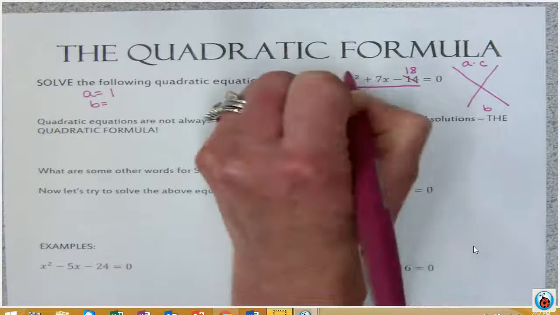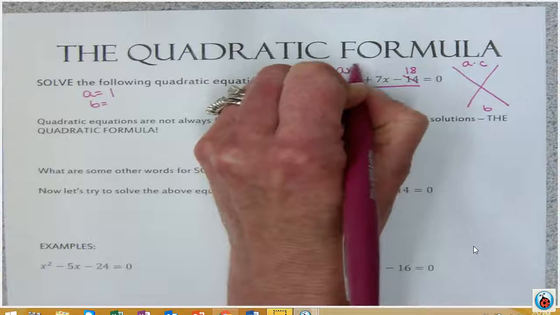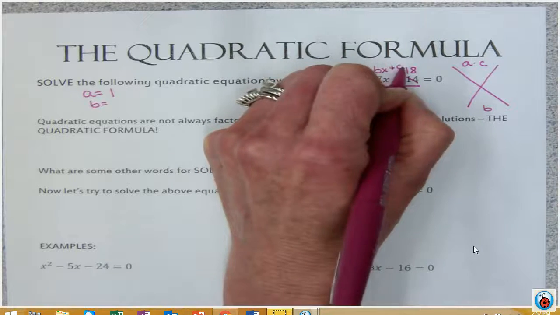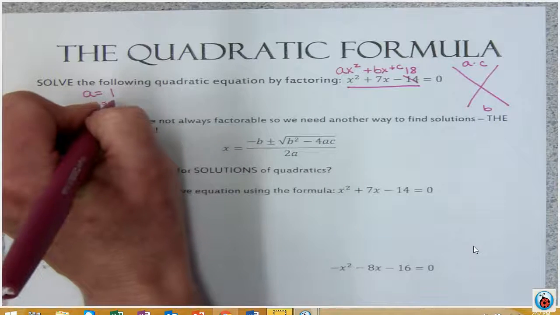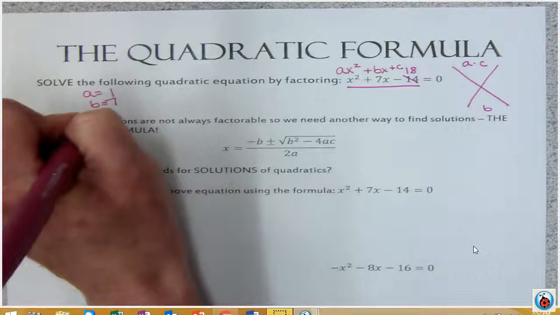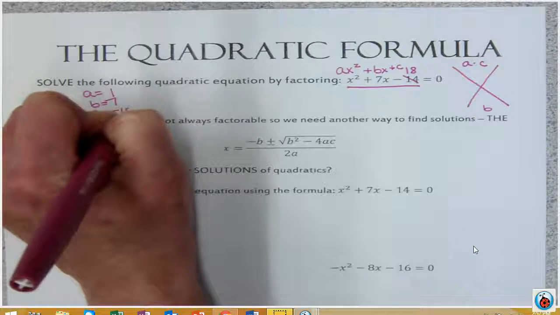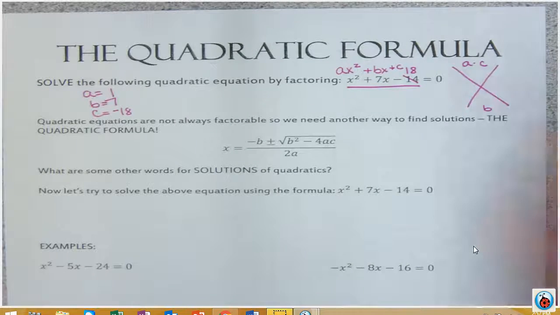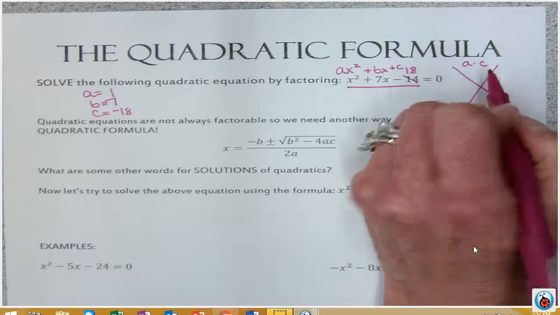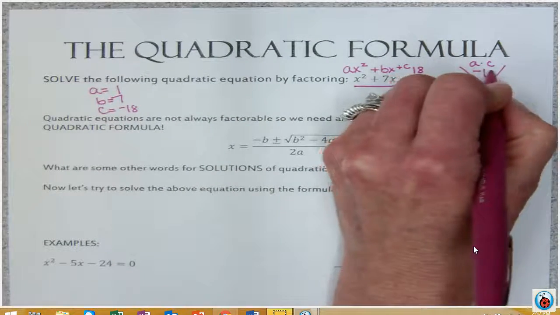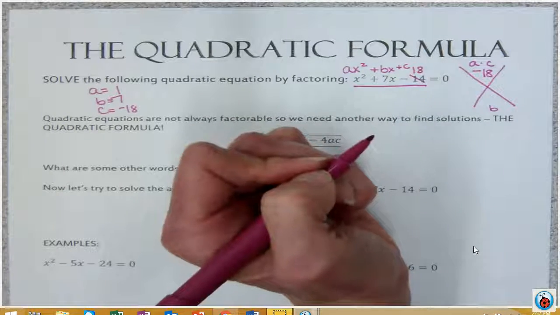B would be the number in front of the x. So if this is our ax squared plus bx plus c, B would be 7. C would be negative 18. So when we're taking our A times our C, A times C would be negative 18. 1 times negative 18 is negative 18.